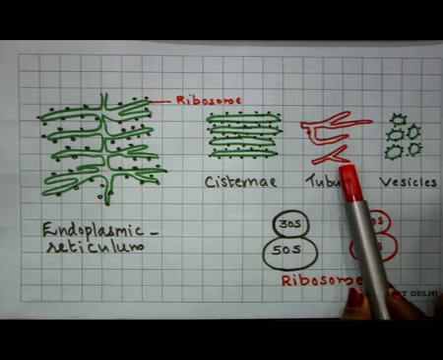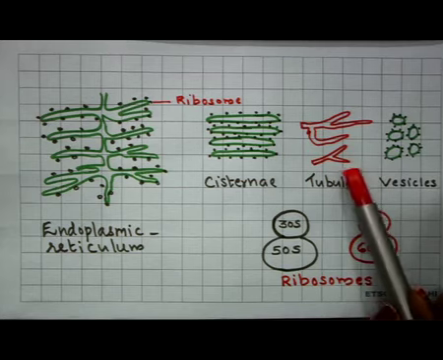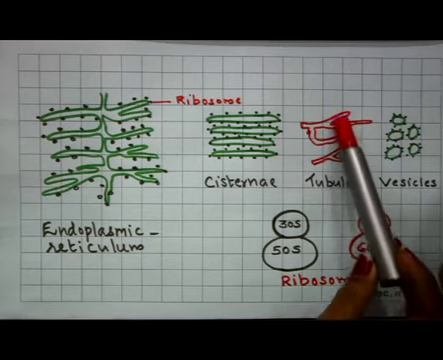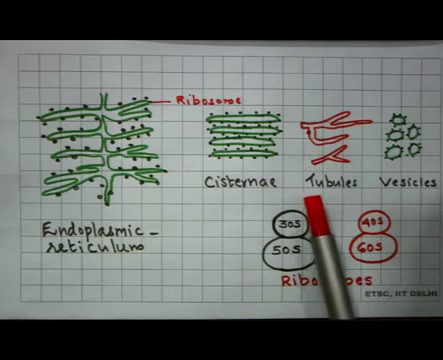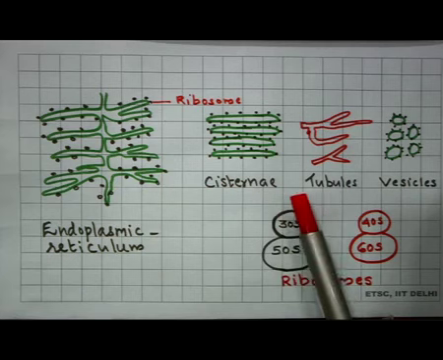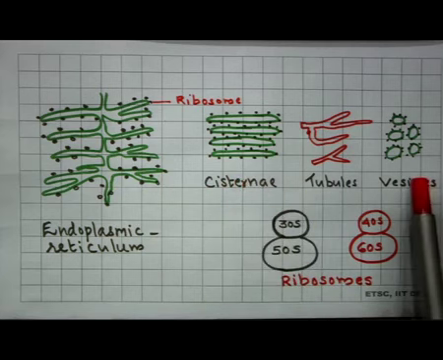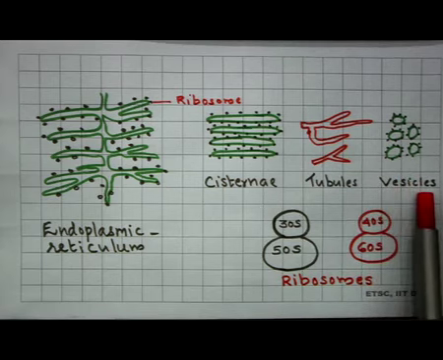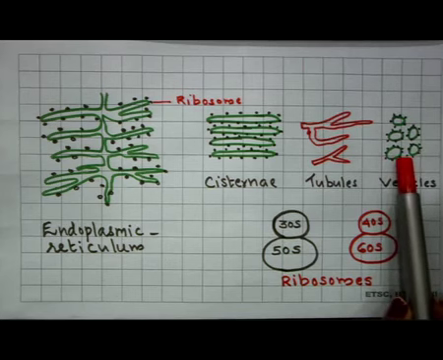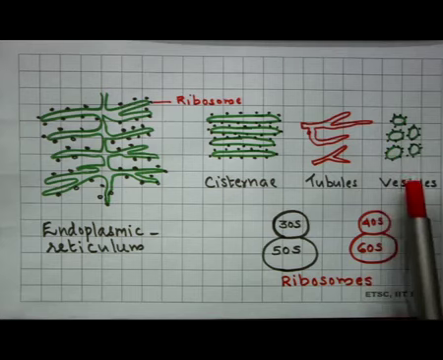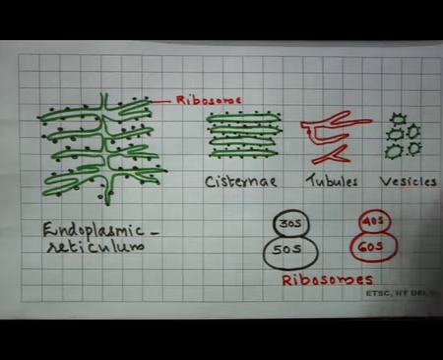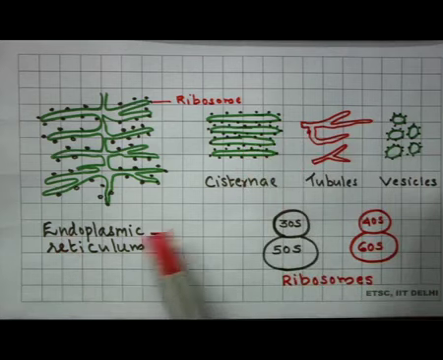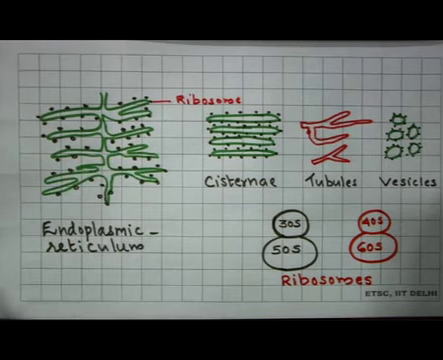They are tubular, elongated, thin, flat, but highly branched ones. These branched structures interconnect the cisternae with the vesicles. The third one, vesicles, are small spherical structures, and cisternae, vesicles and tubules together form the endoplasmic reticulum.